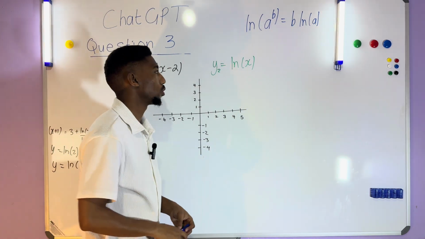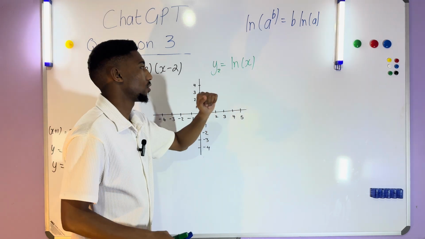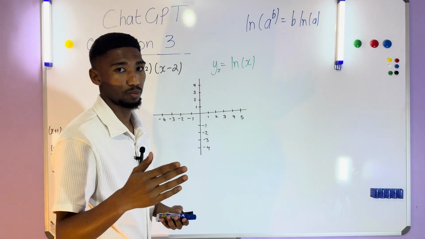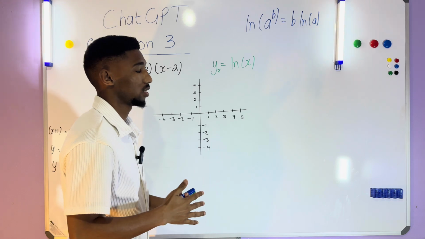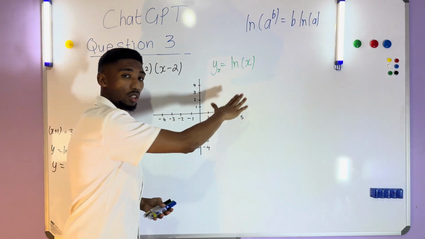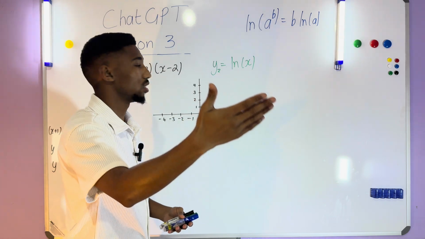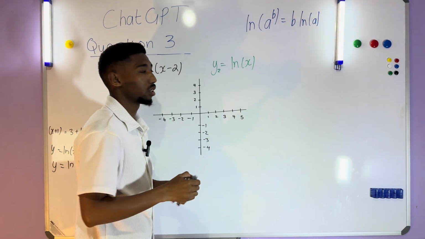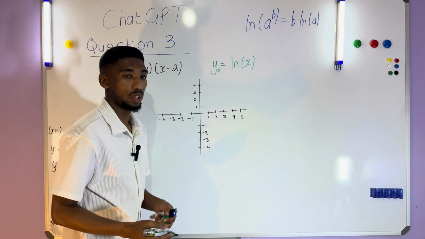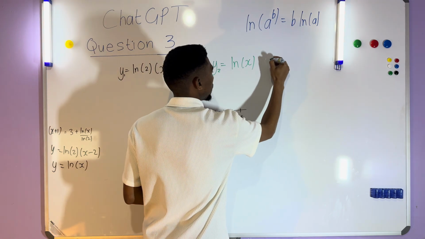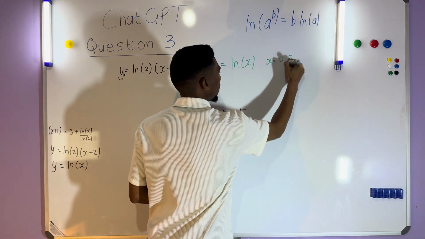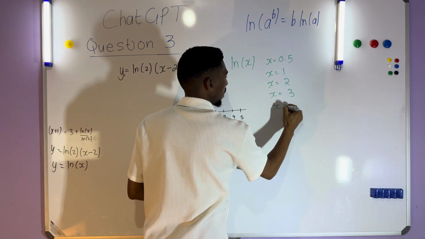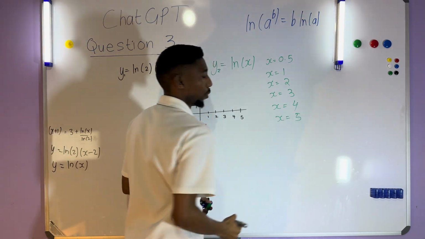To draw a basic log graph, all you're going to do is choose a set of x values. We know that the domain of a basic log graph is that x is bigger than 0. So we can choose the following numbers: x is equal to 0.5, x is equal to 1, x is equal to 2, and so forth.